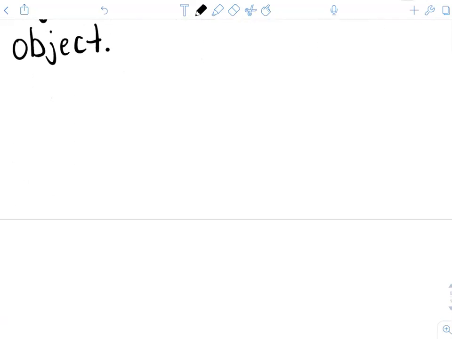And so in a practical sense, what this looks like is, let's say this is my graduated cylinder. Okay, and let's say that we have our measurements on here.